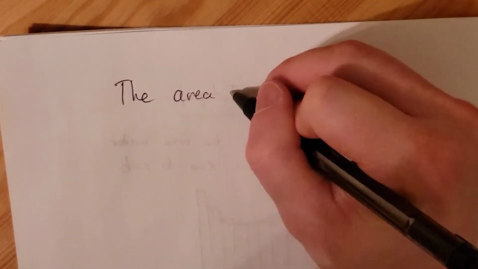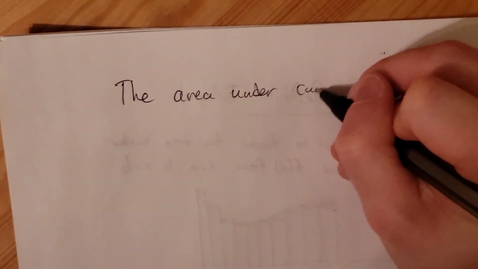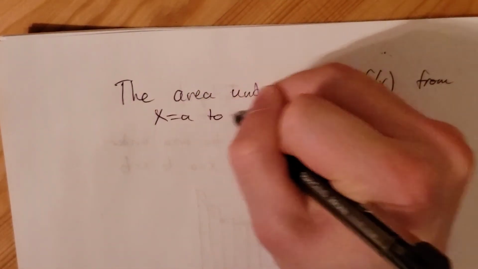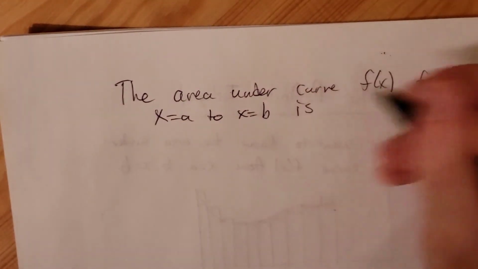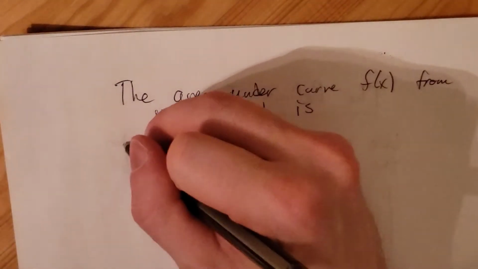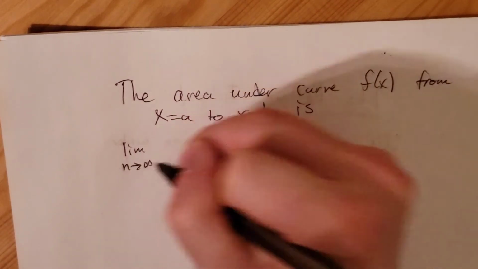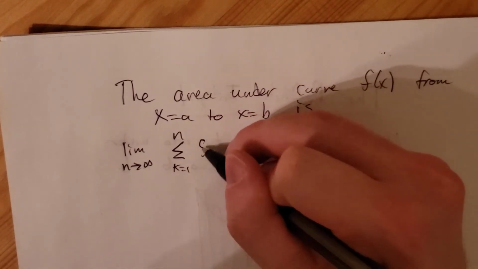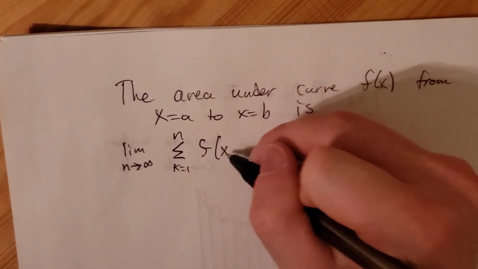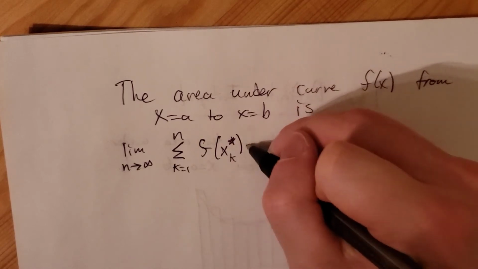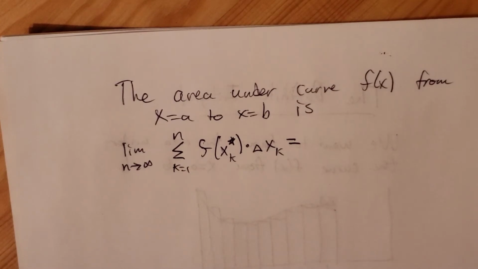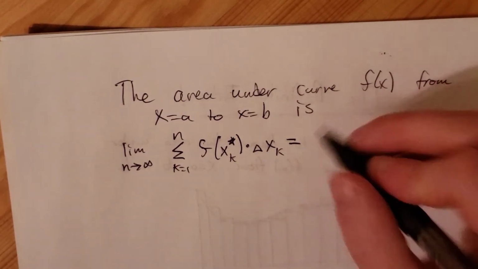So the area under the curve f of x, when f of x is a positive function, from x equals a to x equals b, is the limit as n goes to infinity of these Riemann sums, the sum from k equals 1 to n of f of x sub k star times delta x sub k, and this is our definite integral, which we'll write out the notation for now.